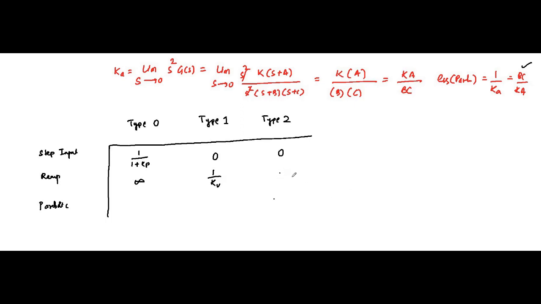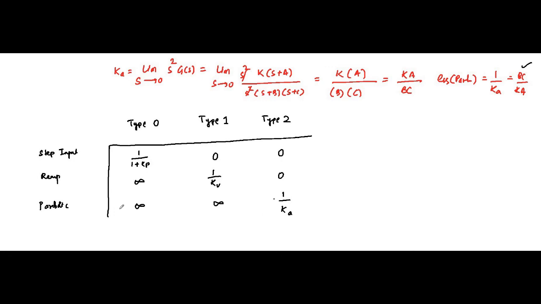Then ramp input, type 2 system, the result is equal to 0. Then parabolic input, type 0 system, the result is infinity, the steady state error I am talking about. Then type 1 system and parabolic input, the steady state error is infinity. Then parabolic input, type 2 system, the steady state error is equal to 1 by Ka.